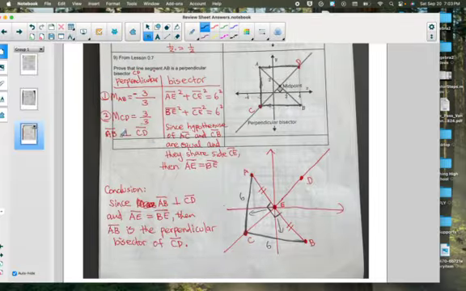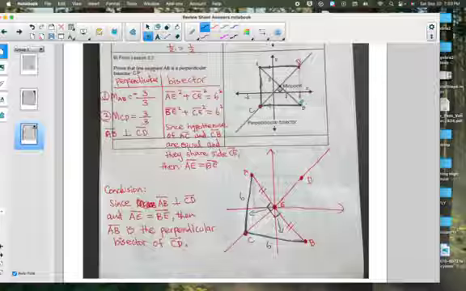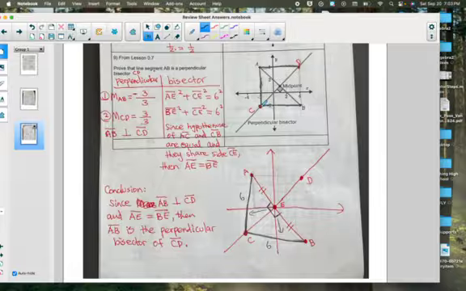So, in order to prove something is perpendicular to something else, we're going to rely on the slope. Remember, when 2 lines are perpendicular, one is the opposite reciprocal slope of the other. So let's draw the rise over run for A and B. If you do rise over run for AB, you're going to get negative 3 over 3.